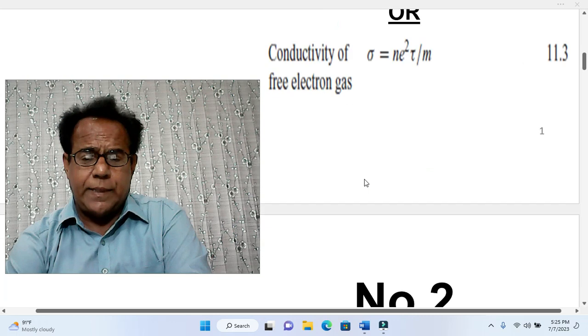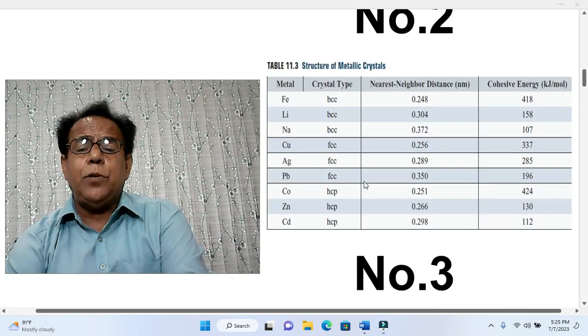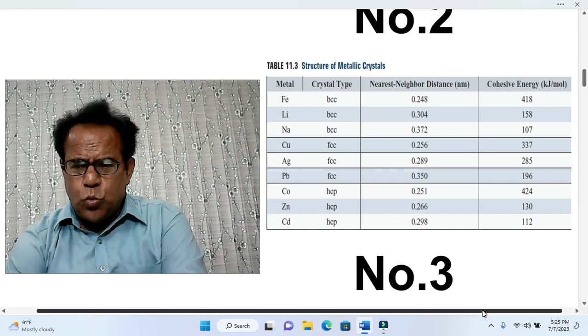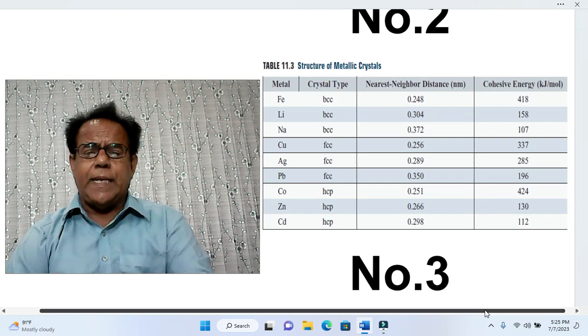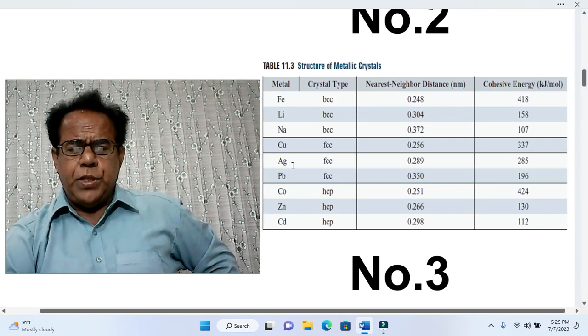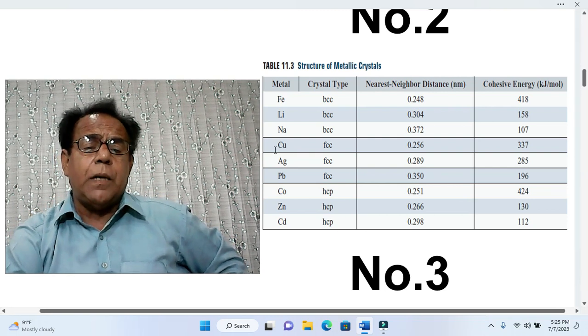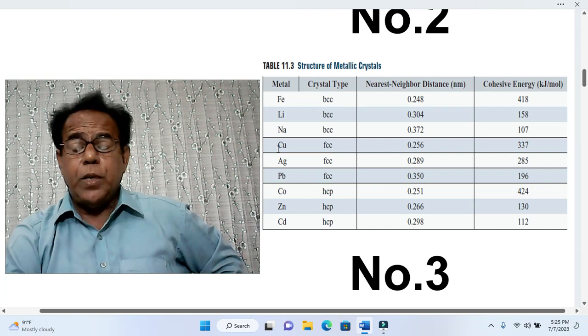Dear students, in helping tool number 2, a table has been shown. What is important in this table? We see 1, 2, 3, 4. At number 4, copper comes. Copper, or cuprum, because copper comes from the Latin name cuprum.